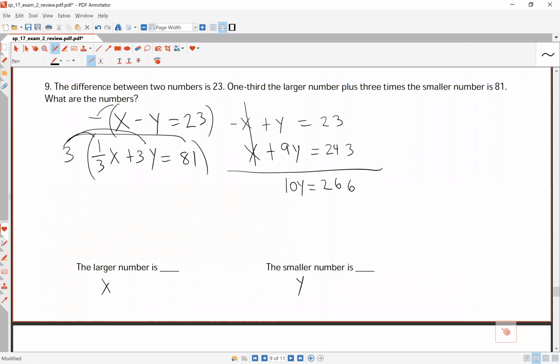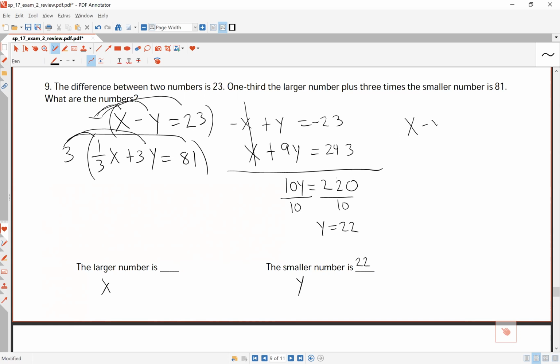So I check back here and I see the negative x, the positive y, and the negative 23. 243 minus 23 is 220. So we divide both sides by 10, and that gives us y is equal to 22. So the smaller number should be 22.